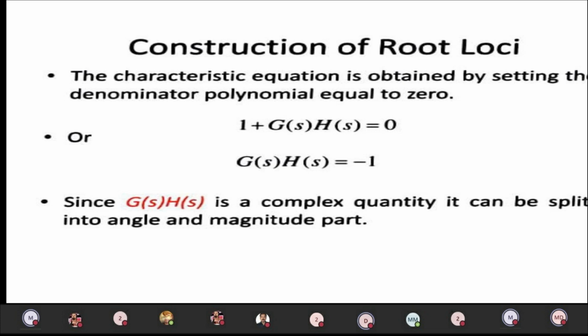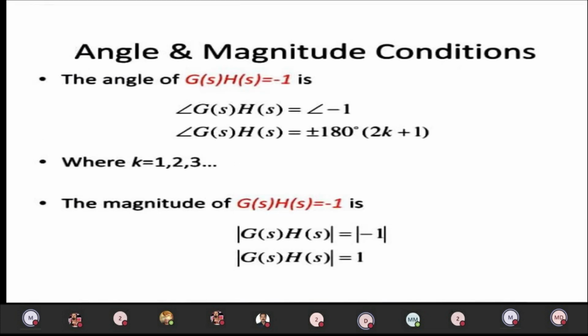From this you can determine G(s)H(s) equal to minus 1. If you want to determine the magnitude criterion, just apply the magnitude on both sides of the equation. So the magnitude of G(s)H(s) is equal to 1. That is your magnitude criterion. If you want to determine the angle criterion, the angle of G(s)H(s) equal to minus 1 represents plus or minus 180 into (2q plus 1), where q varies 0, 1, 2, 3 like that.